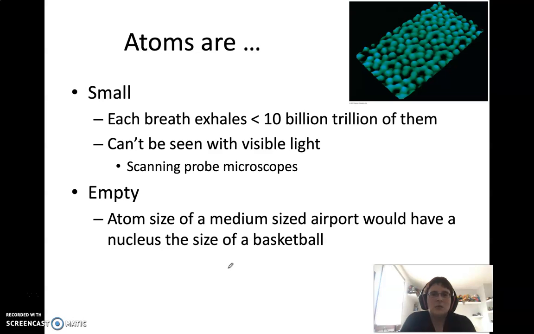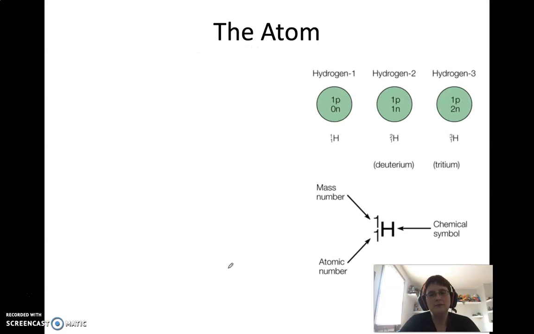Imagine that size of an airport, and then you stuck a basketball in the center of it. The basketball would be the nucleus. So that's how big and empty atoms are. The rest of that space is where the electrons would be hanging out.